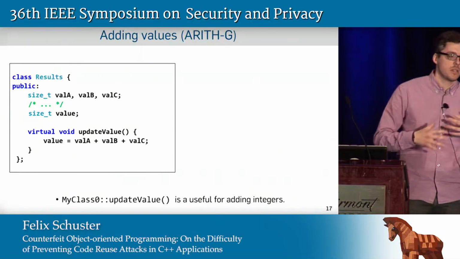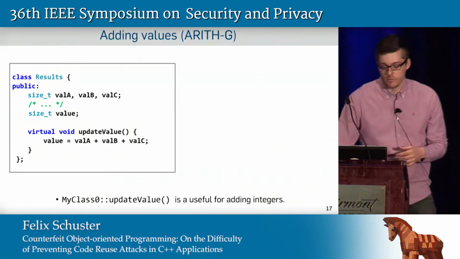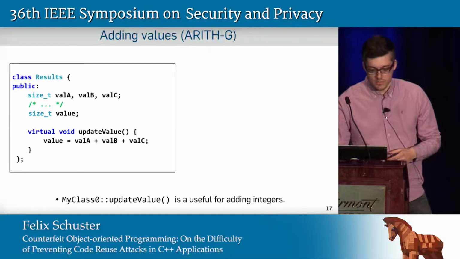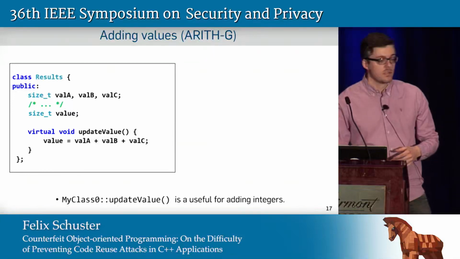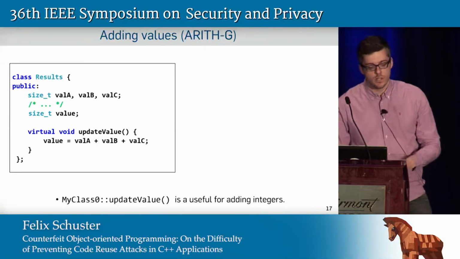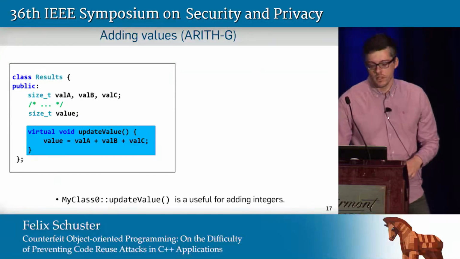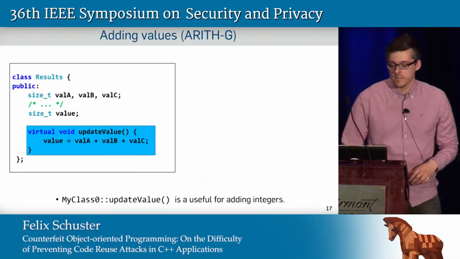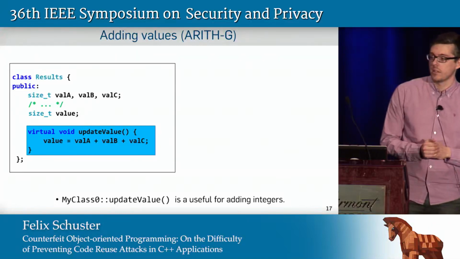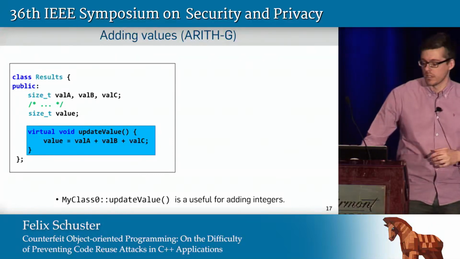First, let's say we want to add values in our attack. We want to dynamically calculate the sum of something. Consider the class Result, which has at least 4 fields: value A, value B, value C, and value. The virtual function updateValue adds A, B, C, and writes the result to the field value.